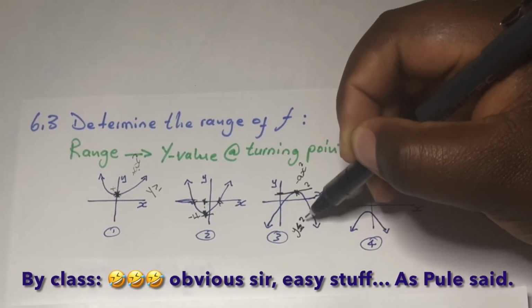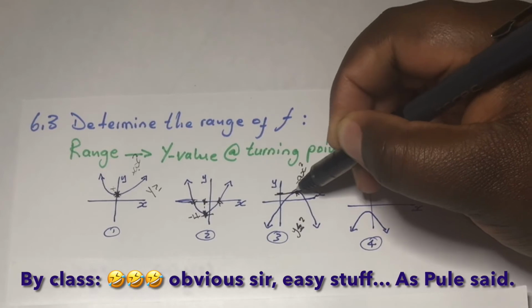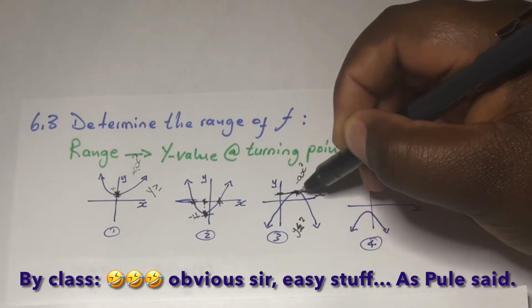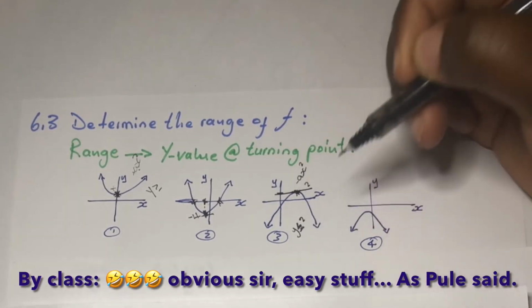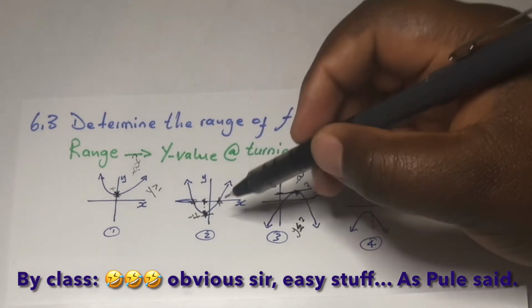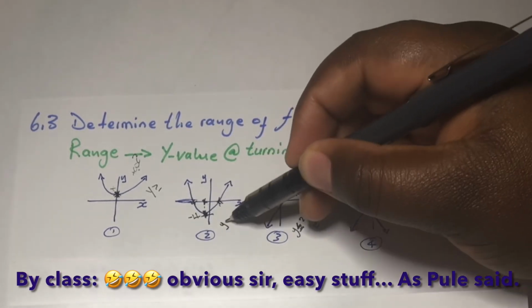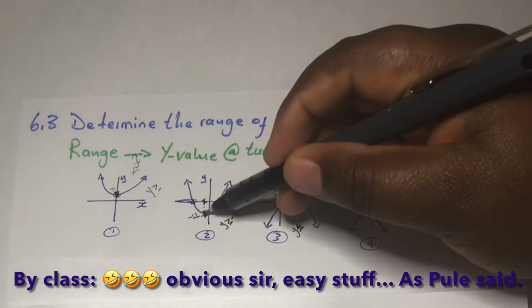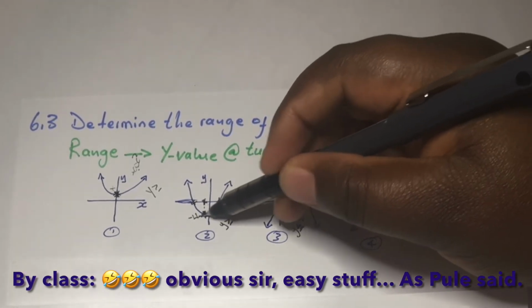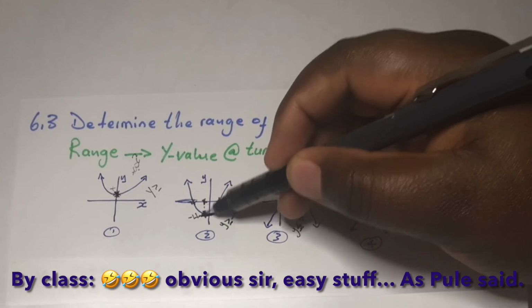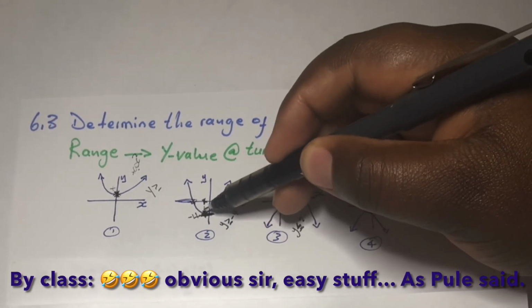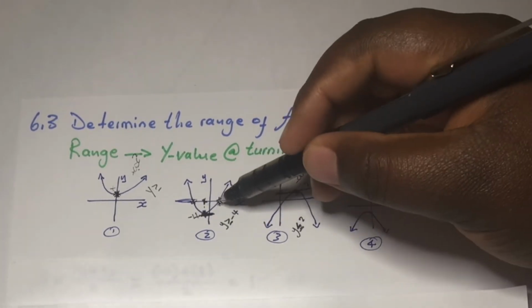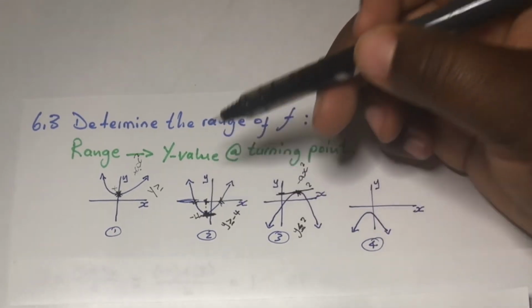So that means from where y is positive 2 going down is the range of your graph. So in this case, you'd have y greater than or equals to -4, which means from that y value where your y is -4 going up, it becomes the range of that graph.